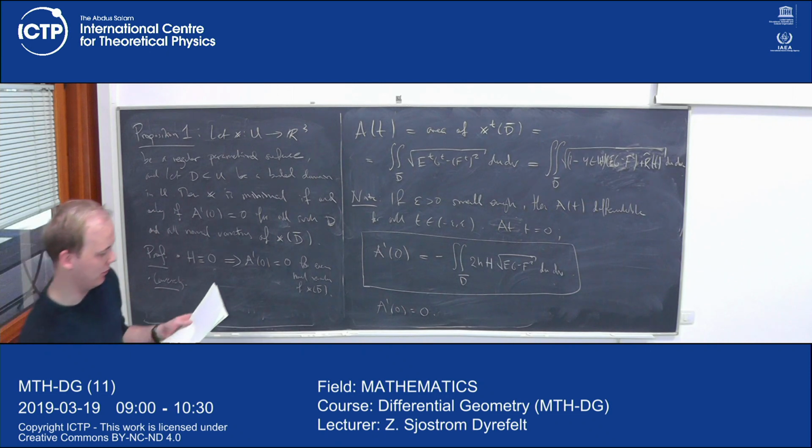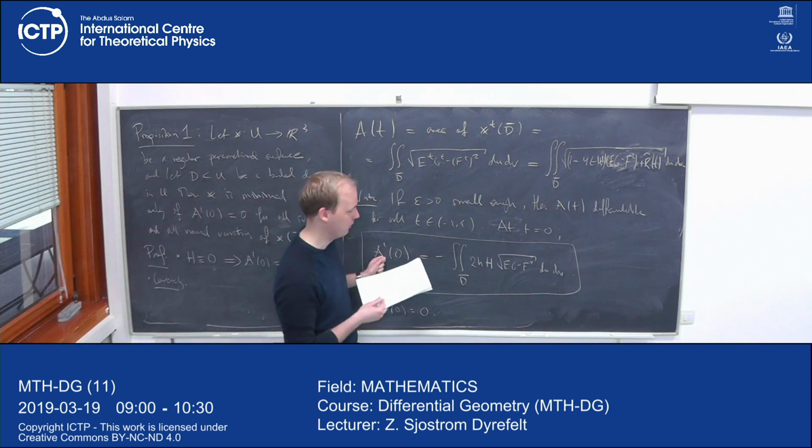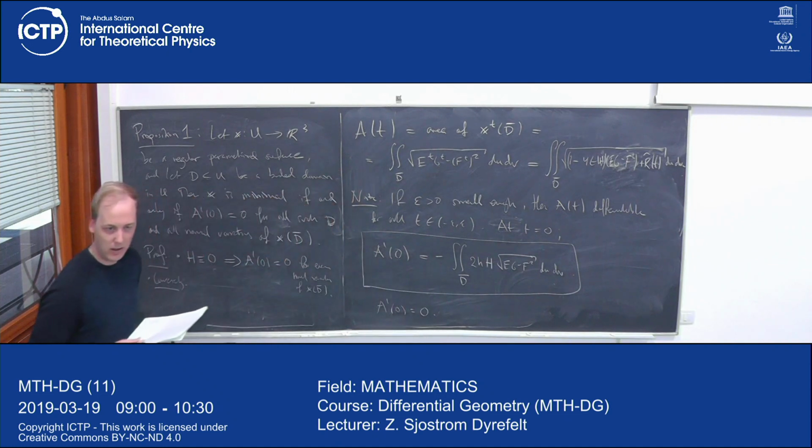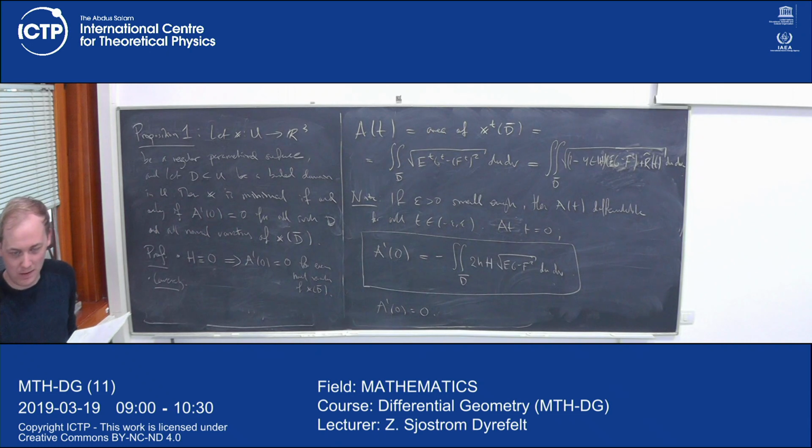So all you have to do is, you assume that this A prime of 0 is 0 everywhere. Can't we just take h to be? I'm going to show H is 0. Yeah, we may choose h to make the integrand a positive function. So what we can do is that we can make a proof by contradiction. We can say assume that H, the mean curvature, is not 0 everywhere.